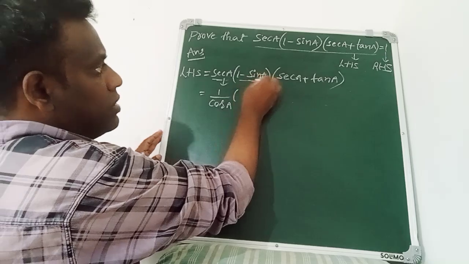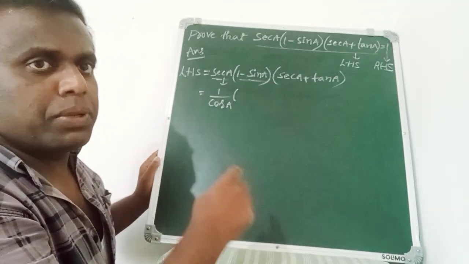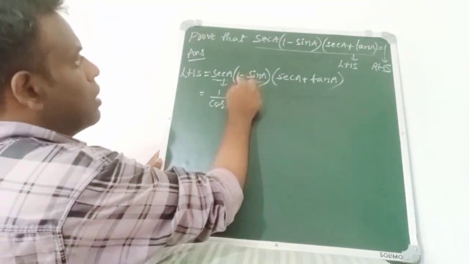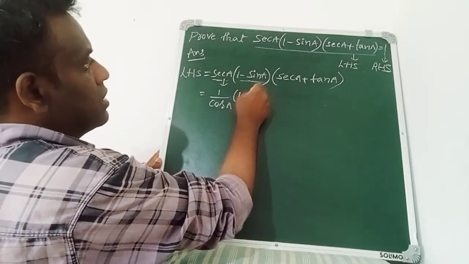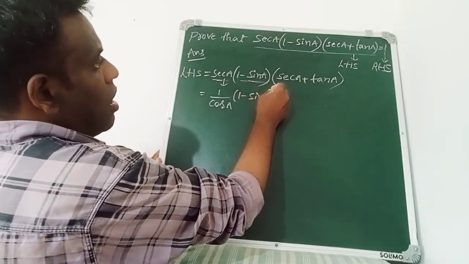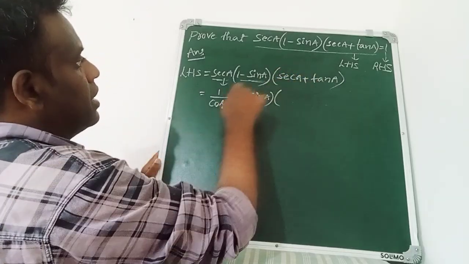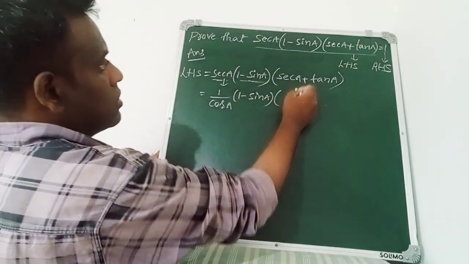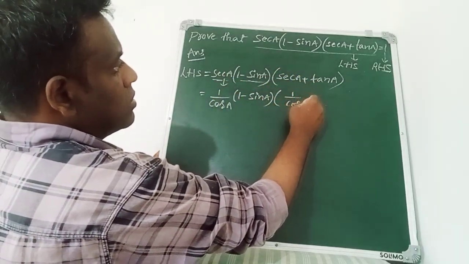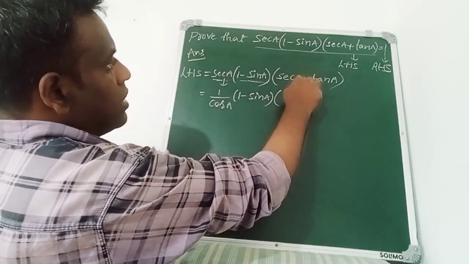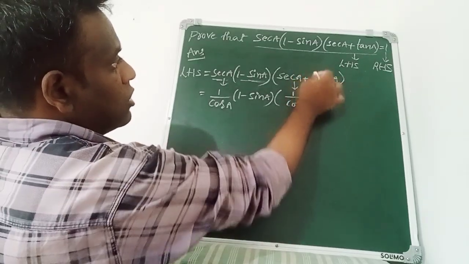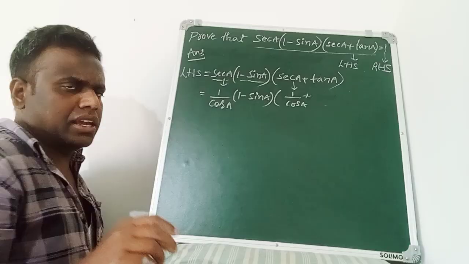So sin A is already there, so just keep it as it is. I will write this as it is, 1 minus sin A. Open this bracket. Next, secant A we can write like this, 1 by cos A, and this plus tan A.